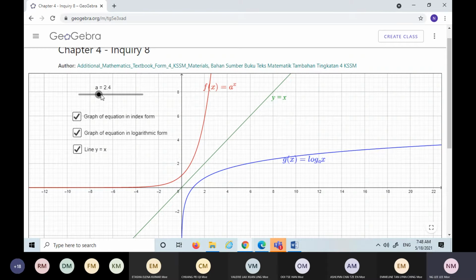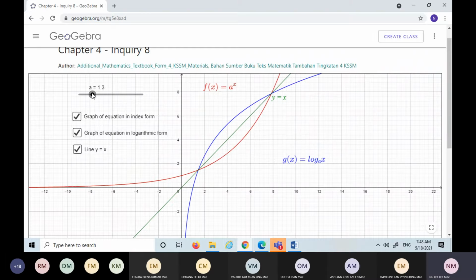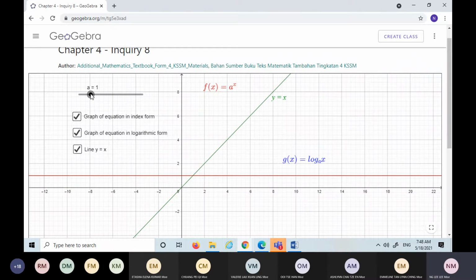Next I'm going to drag A to the value 1 and we will see what happens. Now it's 2.5, 1.4, 1.3, 1. When A is 1, you can see the blue line disappears.